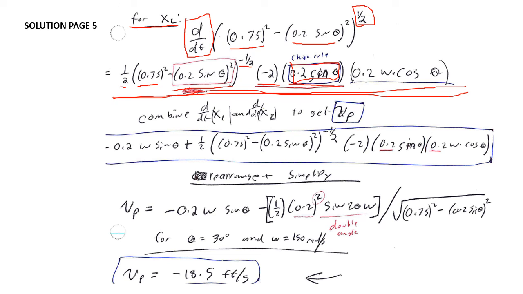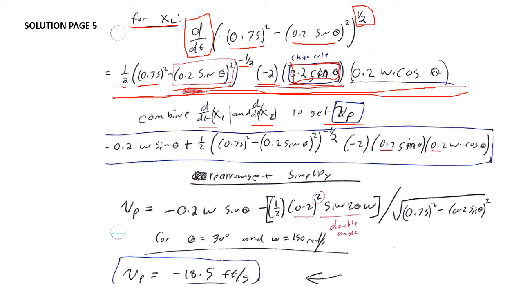So now that we have the derivative of x1 and the derivative of x2, we can then combine these together in order to get our total velocity of point P. So we can add those together. The derivative of x1 would be a velocity, and our derivative of x2 would be a velocity as well.